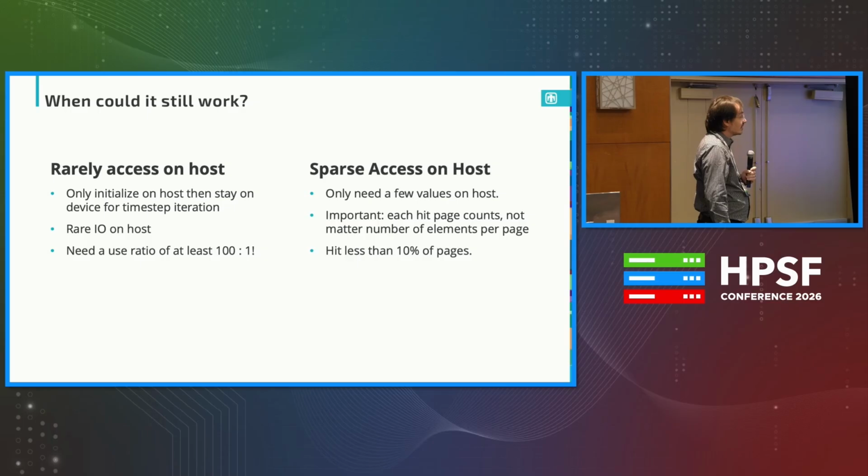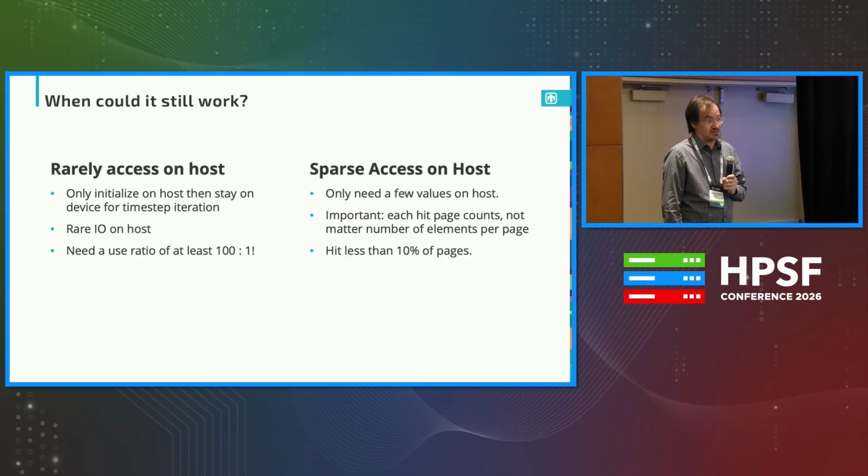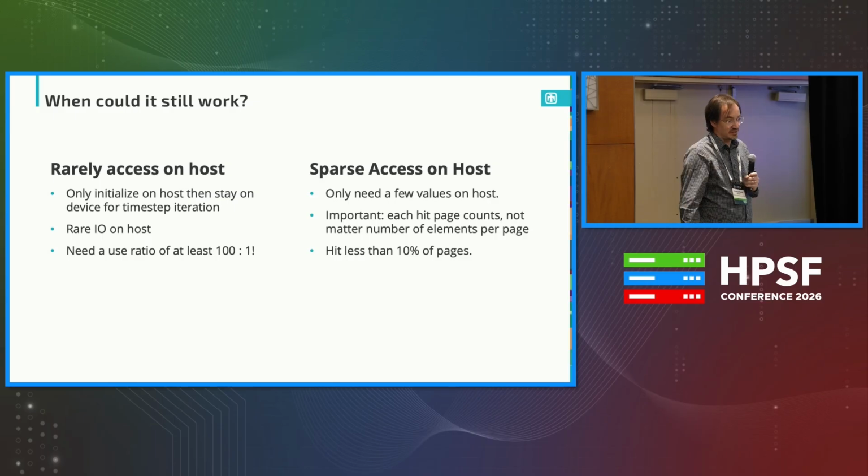Right? Another thing is where it can work if you have very sparse access on the host. Right? So you have a gigabyte of memory, and the only thing you're going to need on the host is like these 5 entries somewhere. Right? Then, yes, the latency is high, but it's still faster to move that 4 kilobytes down than moving a whole gigabyte at the full bandwidth.